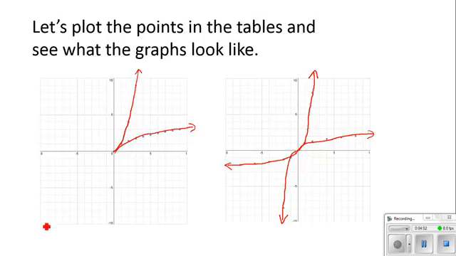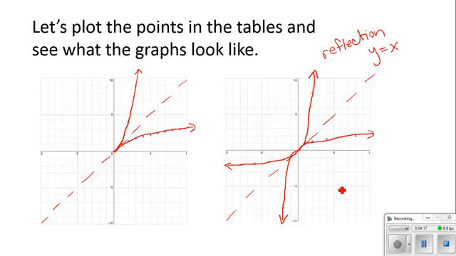If you remember from our transformations, there was a rule that told us to switch x and y. And the rule for switching x and y was to do a reflection over the line y equals x. And when you do a reflection over that diagonal line y equals x, that's when you switch the x and y points.